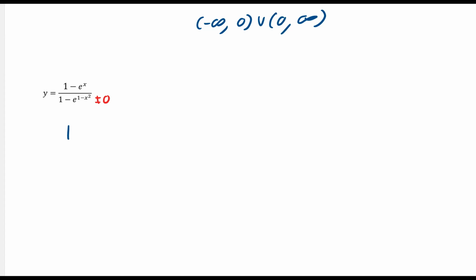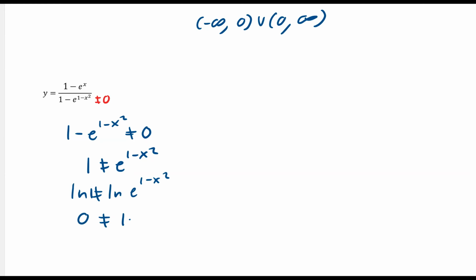So all we're dealing with is 1 minus e to the 1 minus x squared does not equal 0. And if we solve that, put a natural log on both sides, we end up with 0 cannot equal 1 minus x squared, which we can solve. That's x squared cannot be 1, square root, square root. x cannot be plus or minus 1.